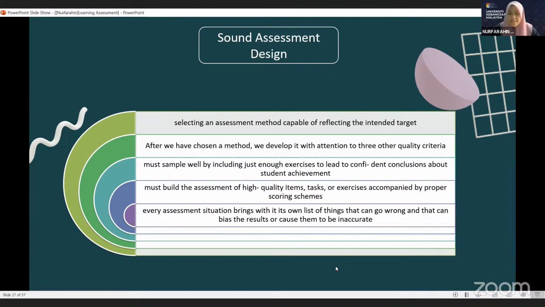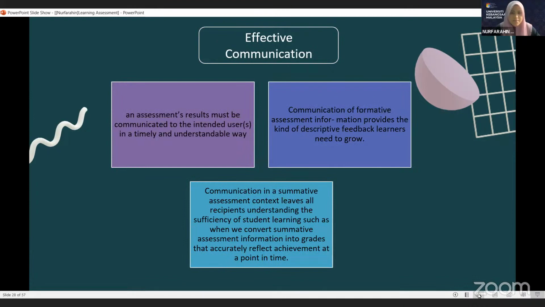Let's go to the next slide where I give you an example on how to best design an assessment. So the fourth one is effective communication. Assessment results must be communicated to the students in a timely and understandable manner.